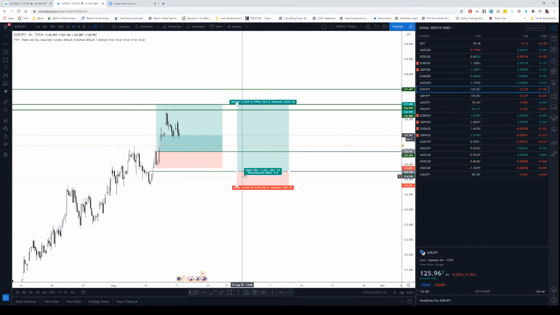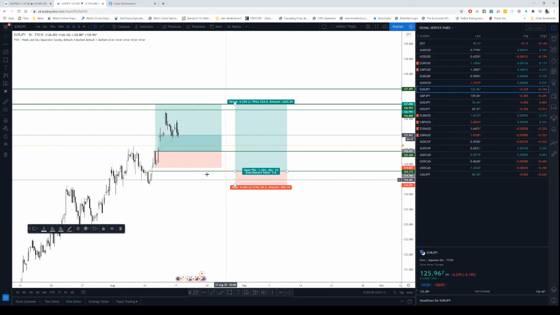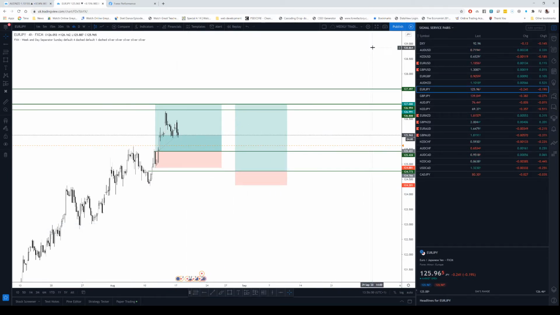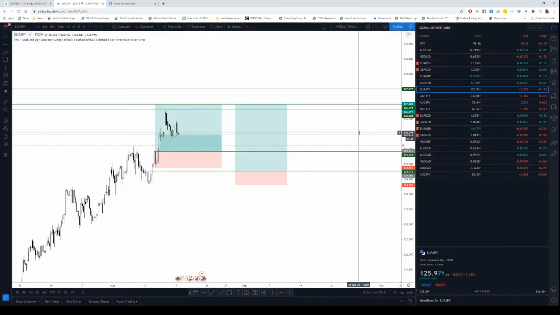So if it stops you out, then you look for price to give you a trade down here, because chances are it might come here and then continue going up and never come there. We never know that. All right, so let's take a picture of this as well. And let's continue.